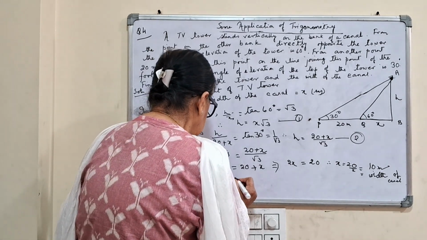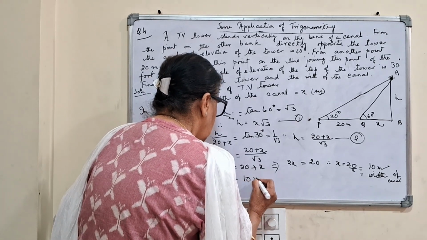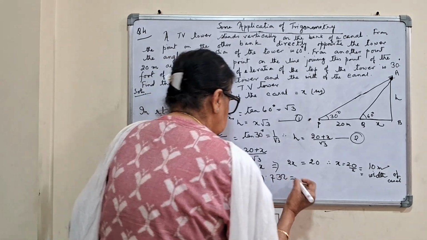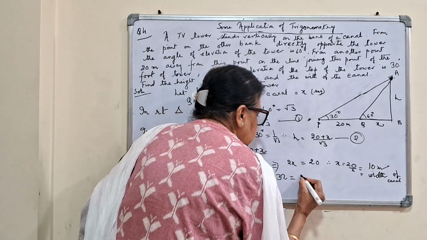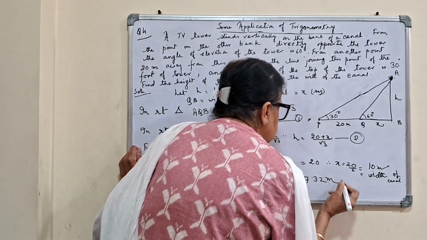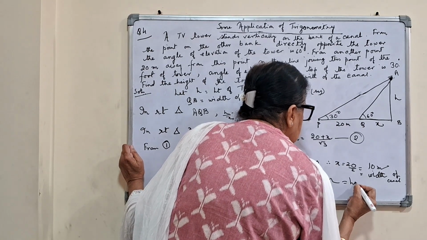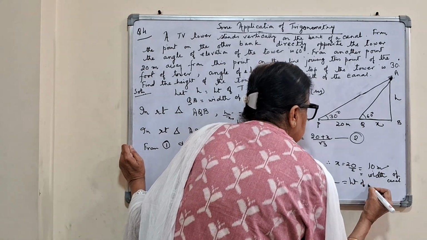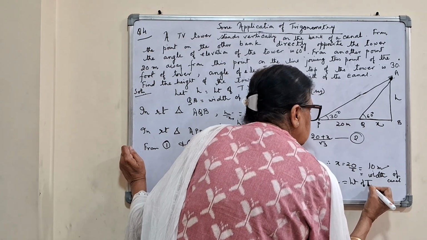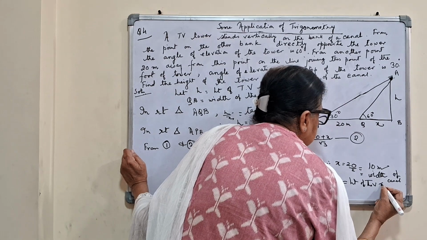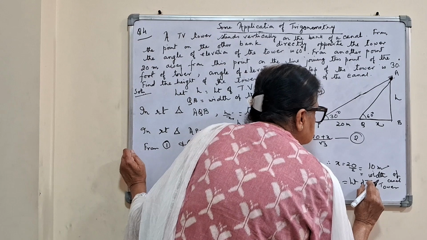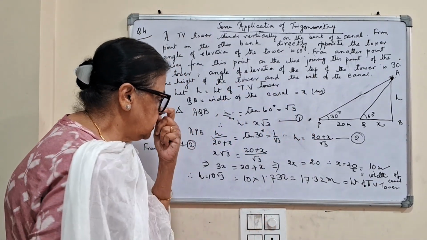That is 10 into 1.732, which is 17.32 meters, the height of the TV tower. This is the sum we have done.